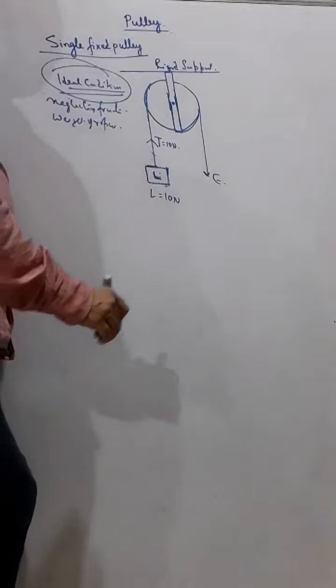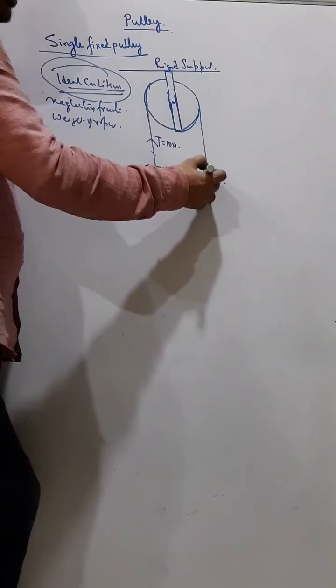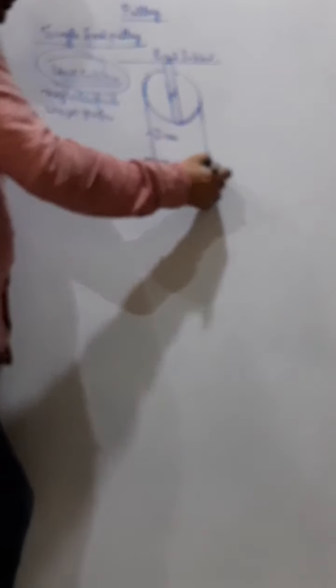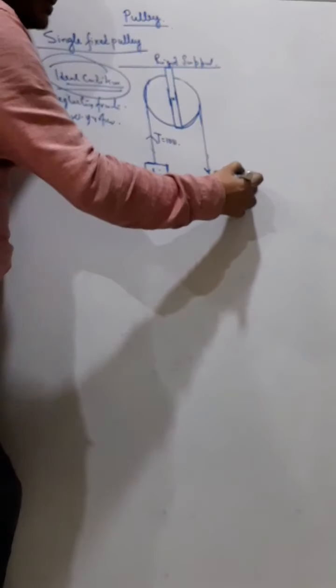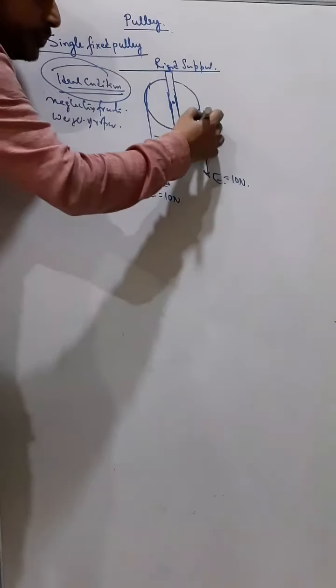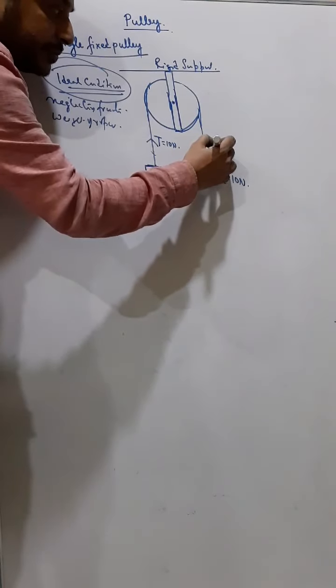Now how much effort do you have to apply to lift this load? The same 10 Newton you have to apply as effort in the downward direction, then only the load will go up. And naturally when you pull the effort downward, another tension will be produced here, equal to 10 Newton.